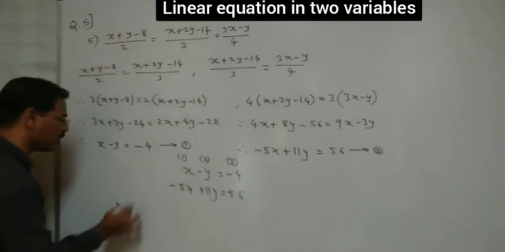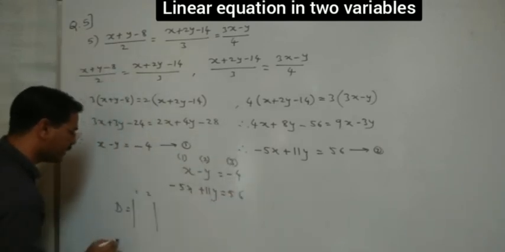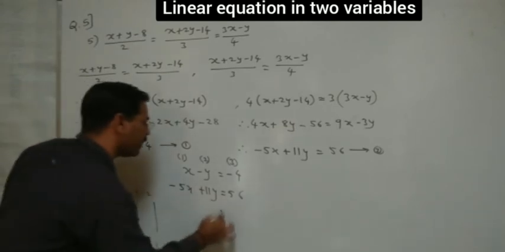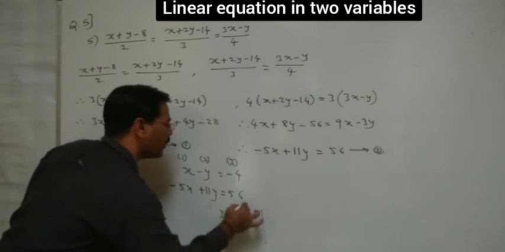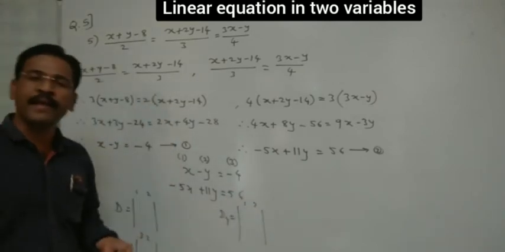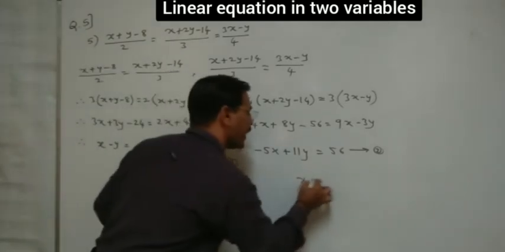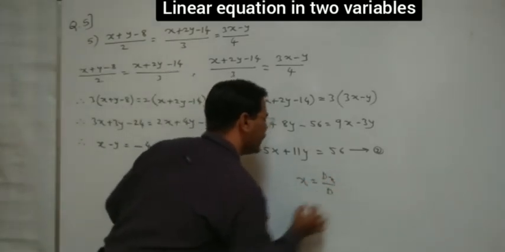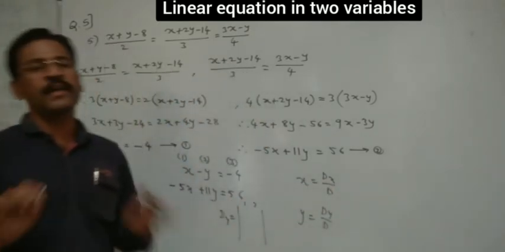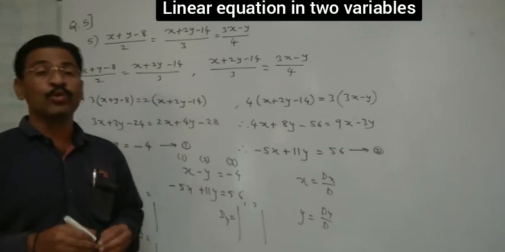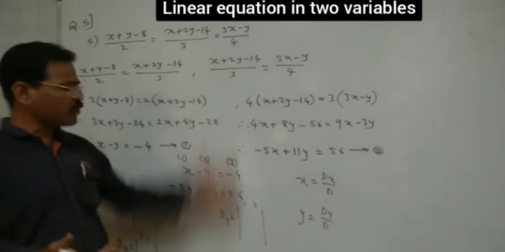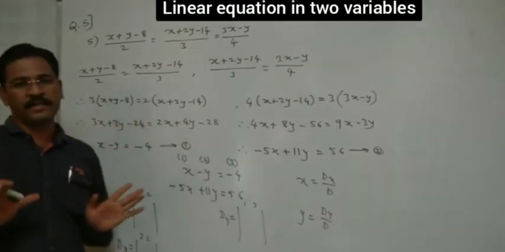As per our rule, D is 12, Dx is 32 and Dy is 13. Like this we can find D, Dx, Dy. Afterwards, by applying Cramer's rule, x is equal to Dx by D and y is equal to Dy by D. Like this we can solve the examples. Okay friends, don't fear, just try to solve. By this procedure, you can definitely get the answer. Okay friends?